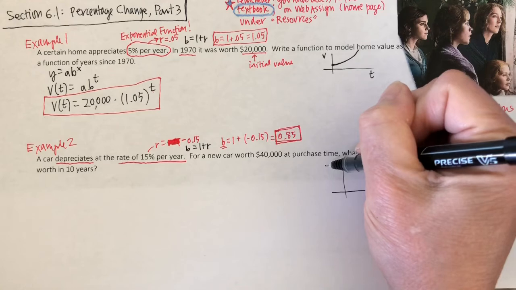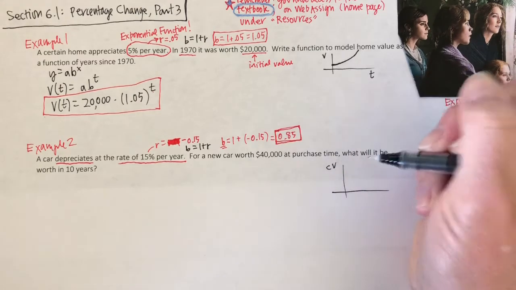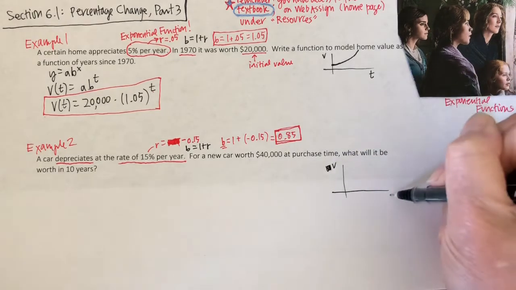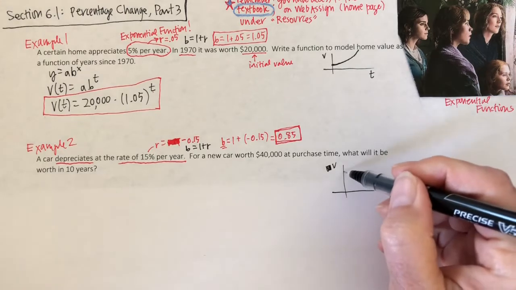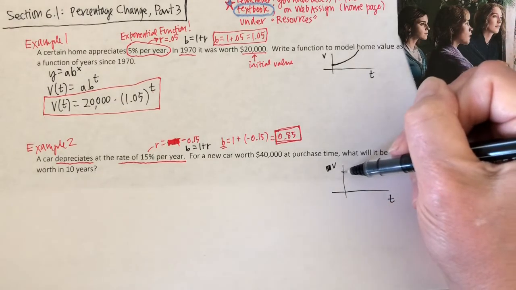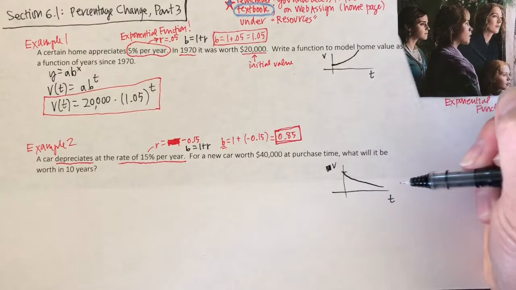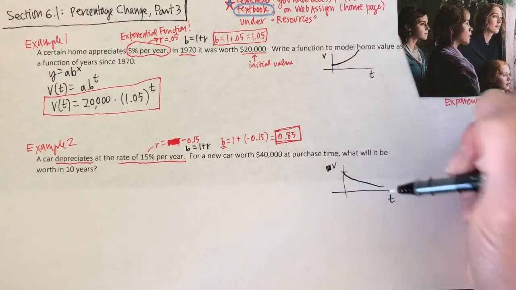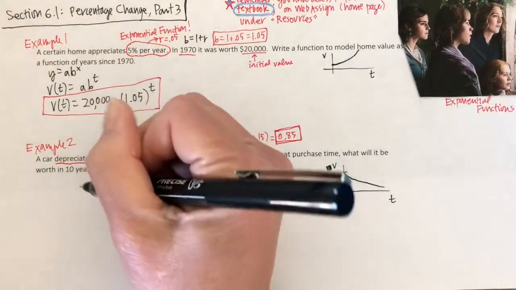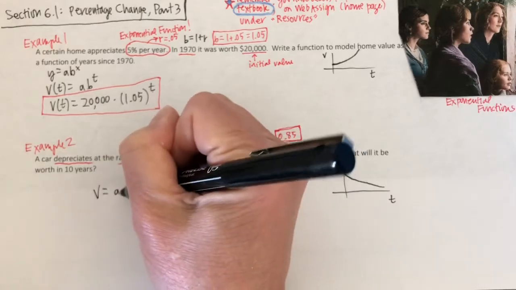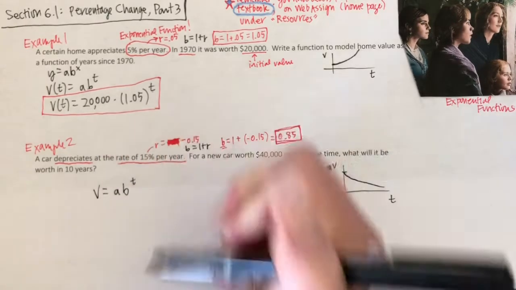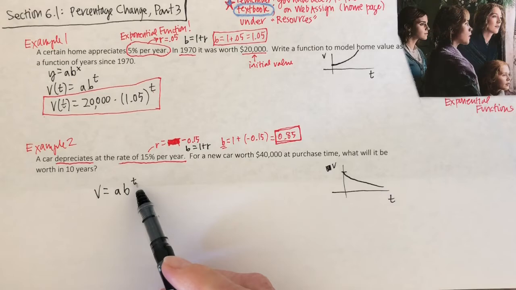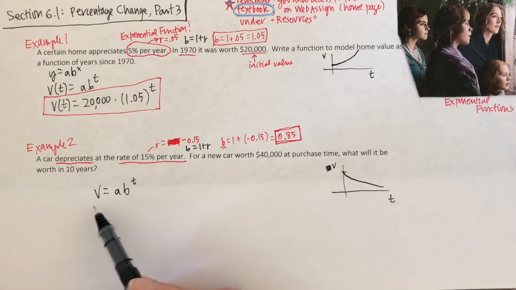So the car value, we'll call it V. Over time, it starts out at 40,000 up here, but it's depreciating. So it's getting smaller in an exponential way. Okay, so the car value is going to be some initial value times the change factor raised to the t power.